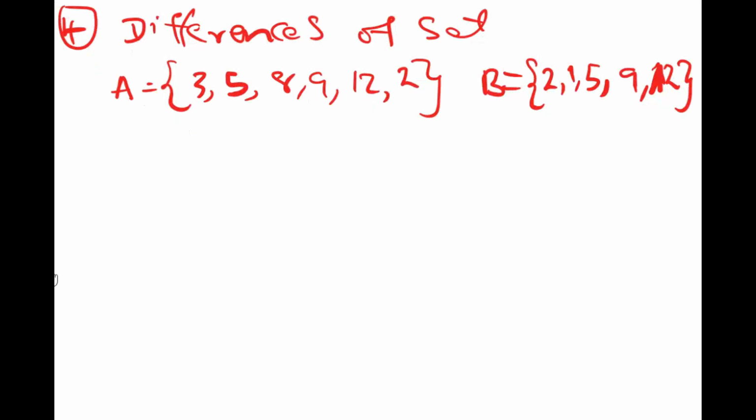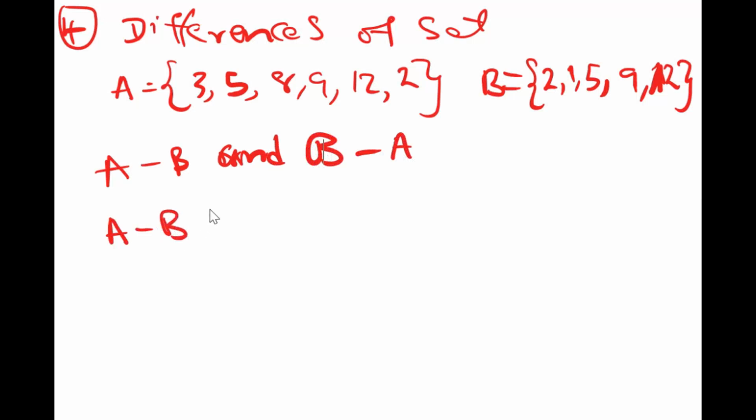Therefore, the difference of two sets A and B is the set of elements which are present in A but not in B. For instance, if we are asked to find the difference of A and B, we have A minus B and B minus A.